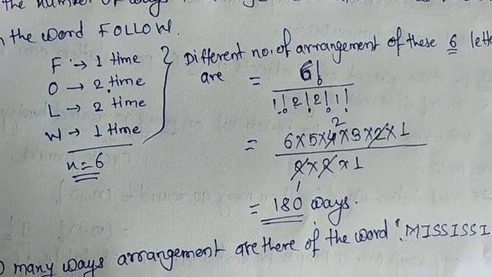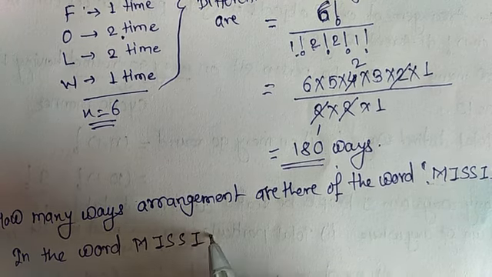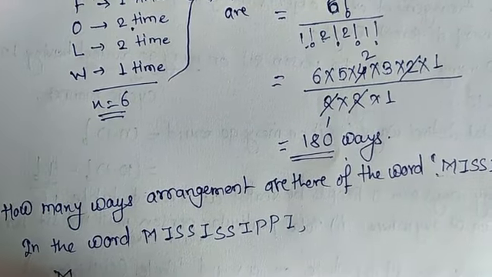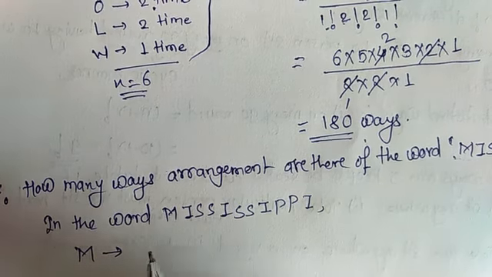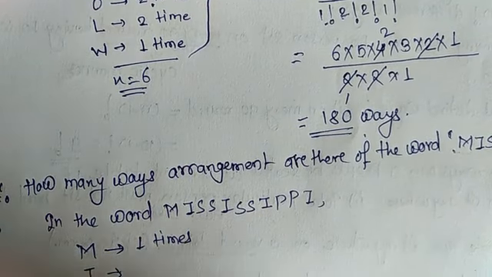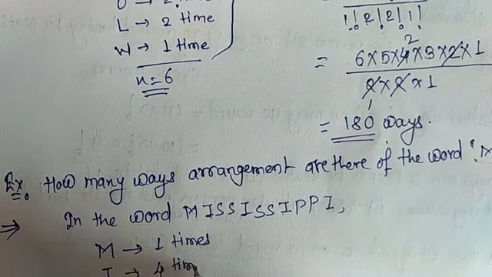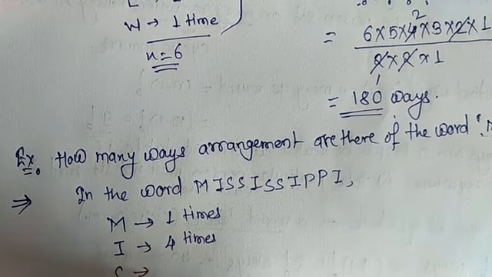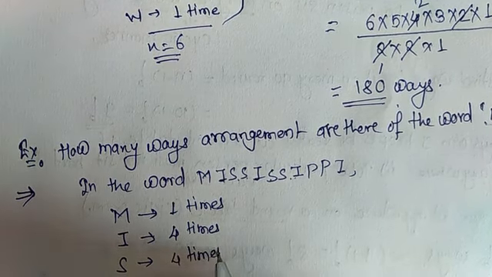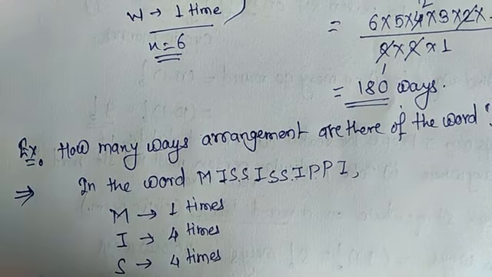In the word MISSISSIPPI, M is a single time, so it is 1 time. Next I is 1, 2, 3, 4, it is 4 times. Next S is 1, 2, 3, 4 times. Next P is 2 times.